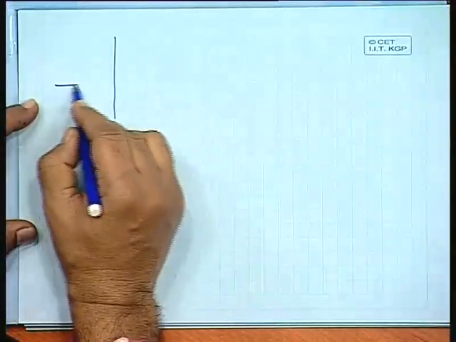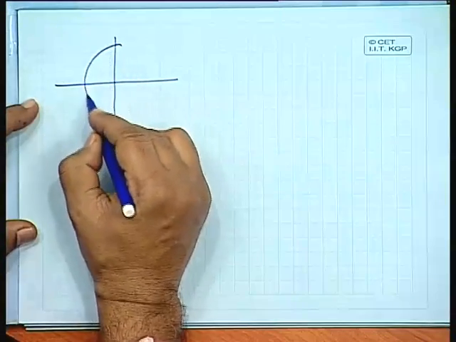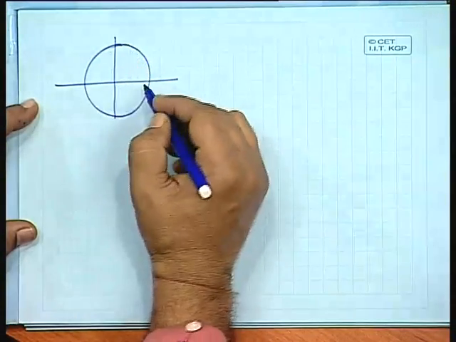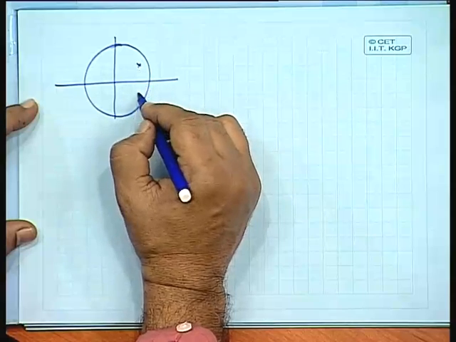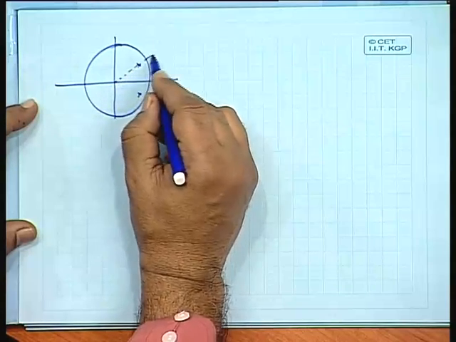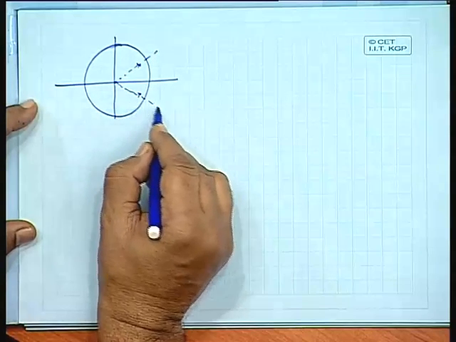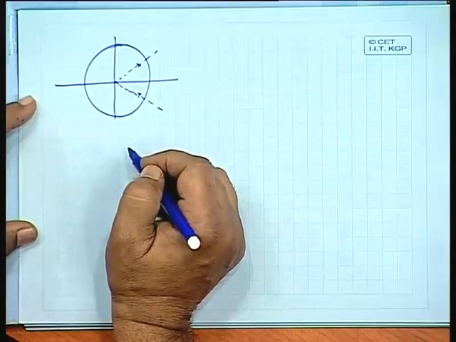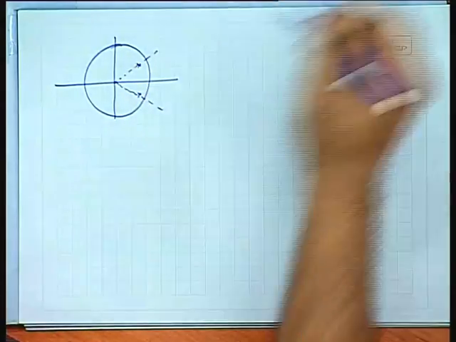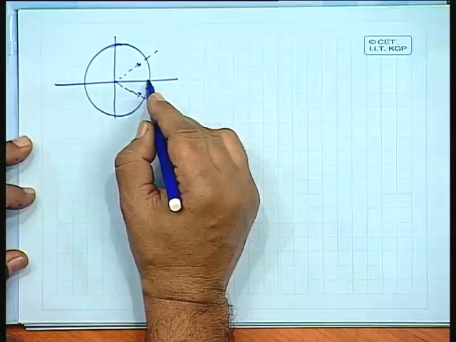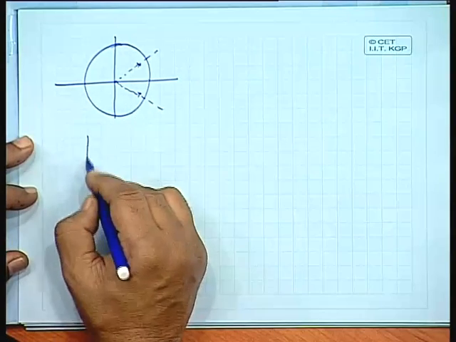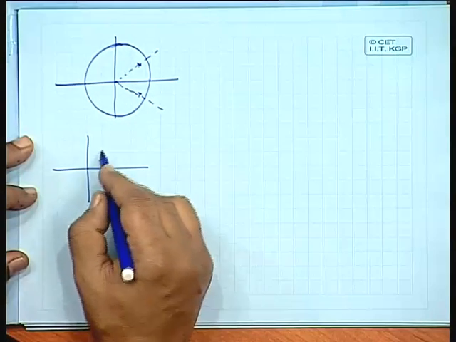If I have a pair of poles, once again say somewhere here and here, before we take it up, suppose there is a pole on the real axis.